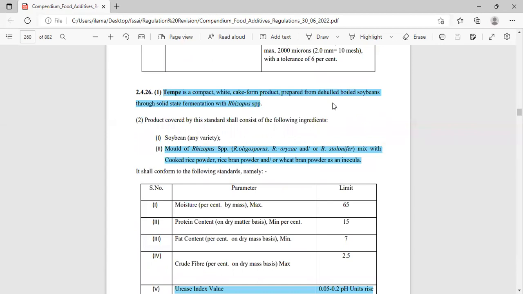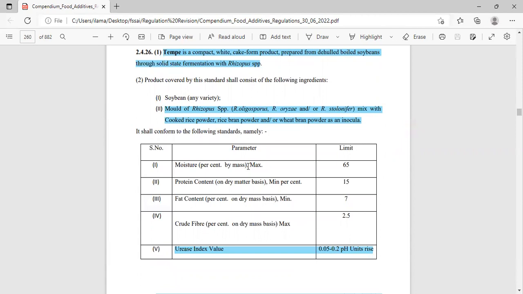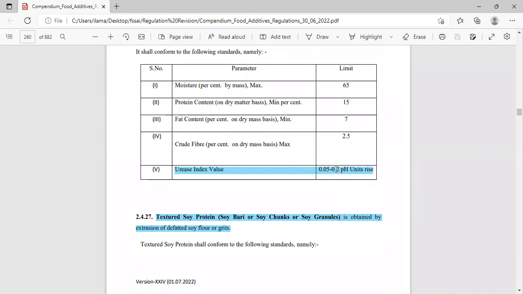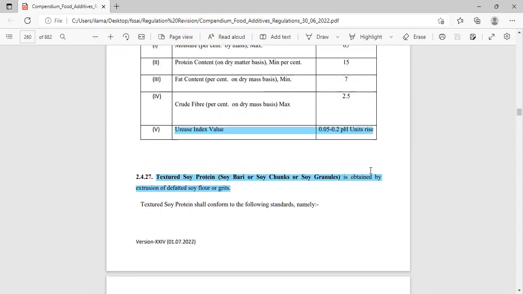Tempeh, it is obtained from soybeans, which is through the solid state fermentation with Rhizopus species. And as I said before, urease index value has to be noted for the soy based products. Here the value is 0.02 to 0.05 to 0.2 pH unit.